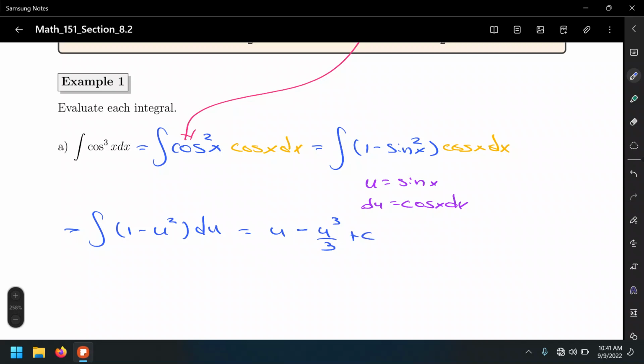We're essentially done with the integration here. Let's go back and substitute for what we declared for u. That is sine x minus sine cubed x over 3, plus c. So in the end, everything falls into the u substitution, but we do that after playing with the powers of the trigonometric functions.